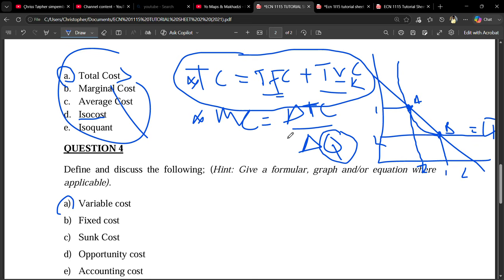If you are a permanent worker, even if you produce a lot of quantity or anything, whatever you produce at your company, you still have to get paid the same level of salary. You are going to be paid the same salary, so it does not change. Okay, so these are fixed costs.